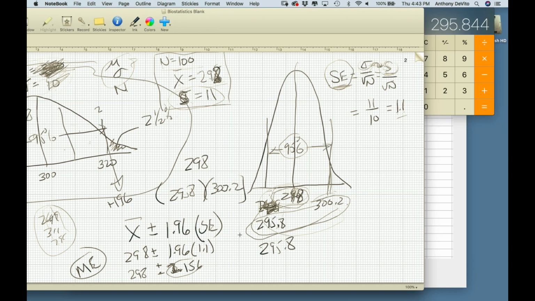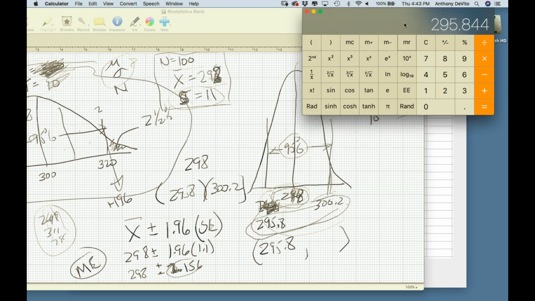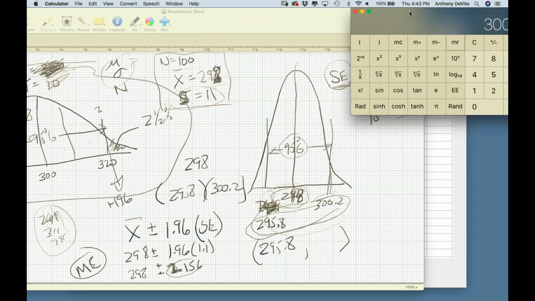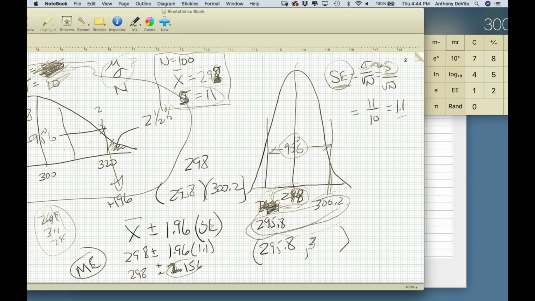In this case, it didn't make much of a difference because I chose a very small standard deviation and a big sample size. And on the plus side, it's going to be 300.2. Like I said, almost the same thing. Okay, great. So now I call that my confidence interval.